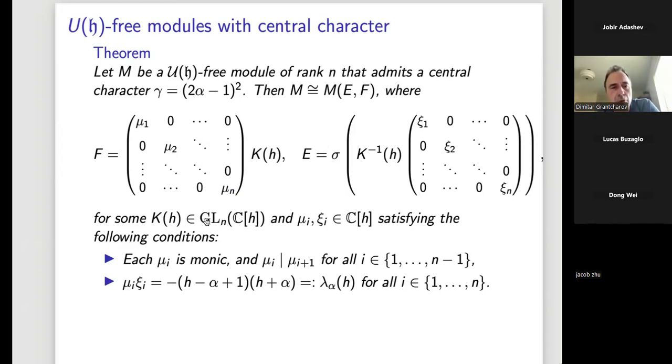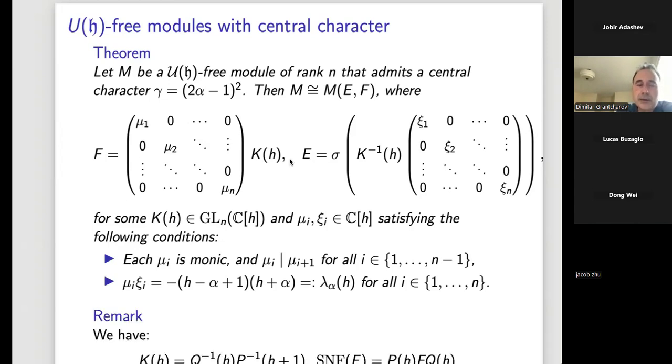Because determinant non-zero is in a way invertible, but then the inverse is not necessarily a matrix of polynomials. It can be a matrix of rational functions. So an element of GL_n, mus, and alpha.